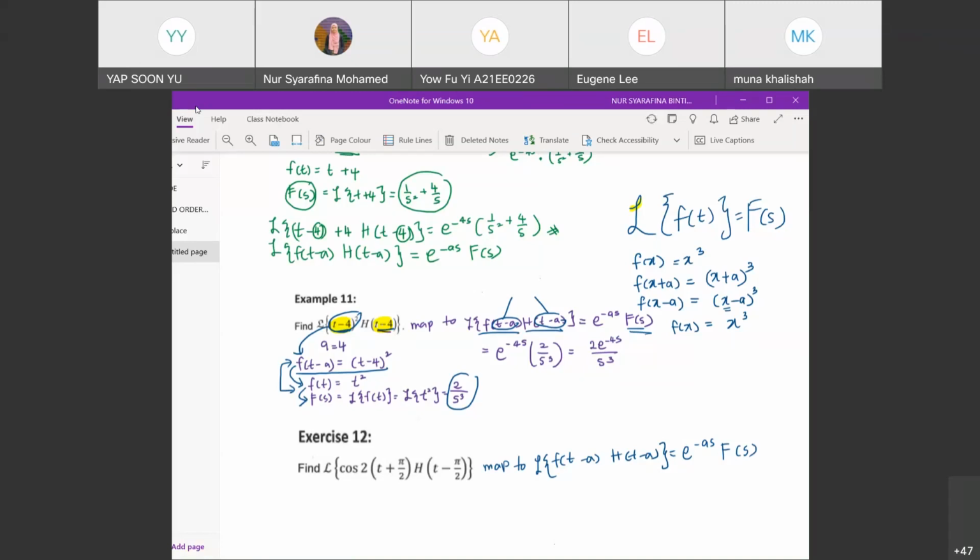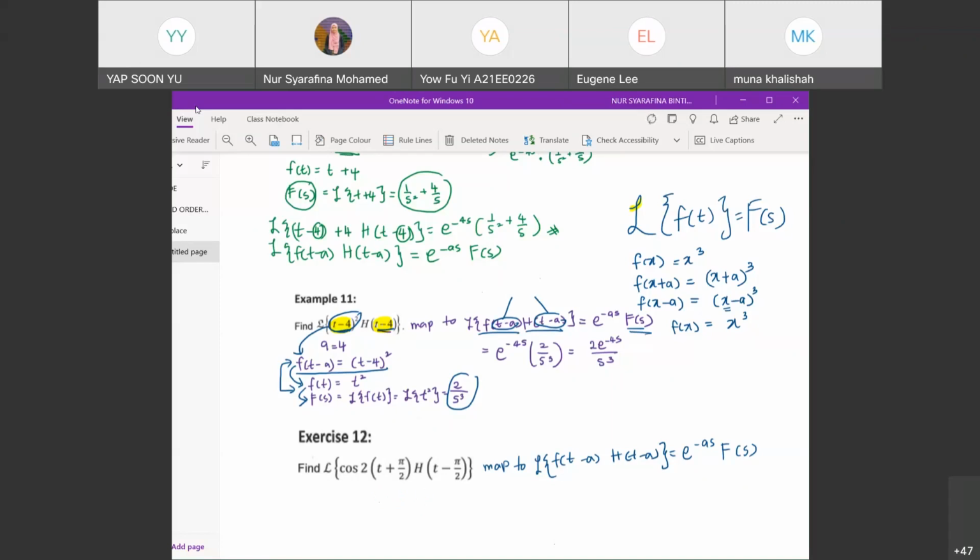No, they are not equal. Otherwise, if you put it like that, then this a is minus pi over 2 and this a is pi over 2, right? So it is not equal. So you have to make this equal first.